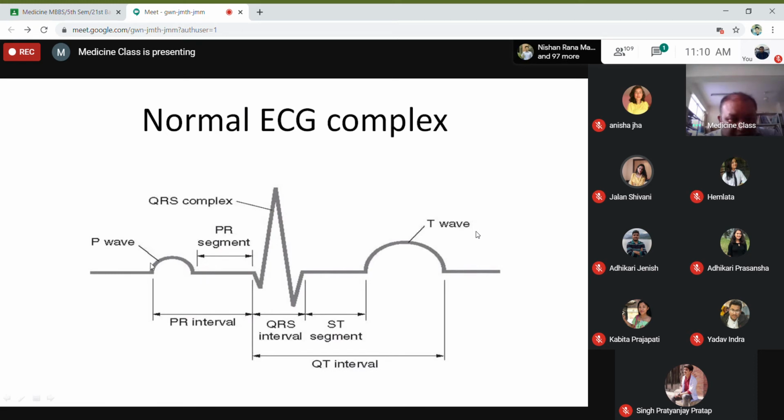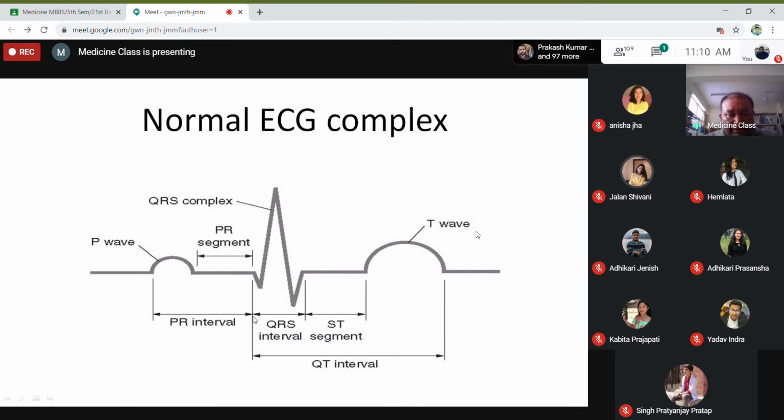If you don't include this wave, then it's a segment, like PR segment and PR interval. If you include the P wave, then it's a PR interval. And if you exclude the wave, from the end of the P wave to the starting of the QRS complex, then it's a PR segment.